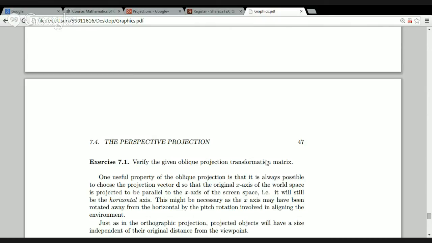So we do get exactly these values from the matrix multiplication. So that's a derivation of that oblique projection matrix, if you like. Any questions about that?